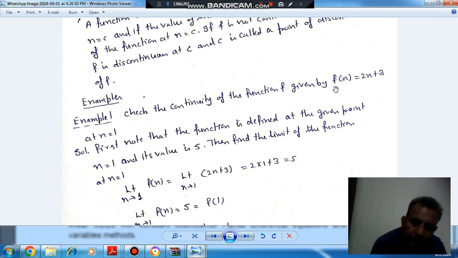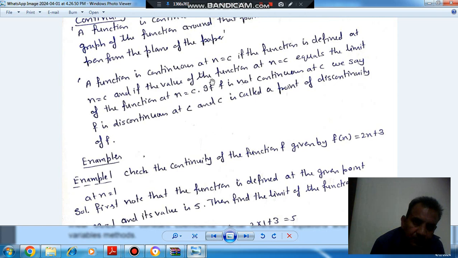And if we solve it by limit, taking the limit as x tends to 1, then we will get the value of the limit as 5 also. So in both cases, we get the value of the limit as well as the value of the function as 5.